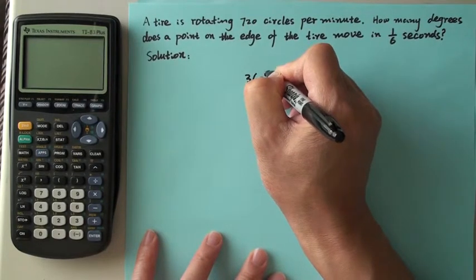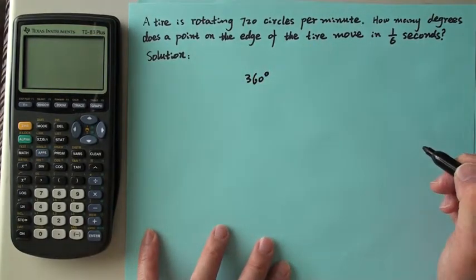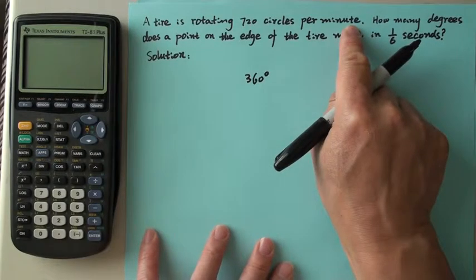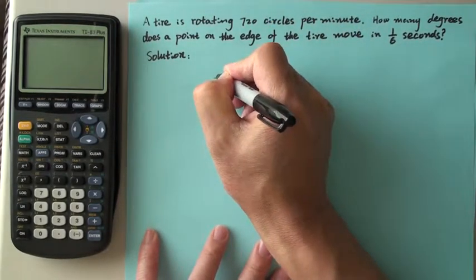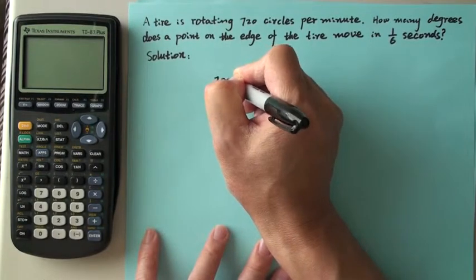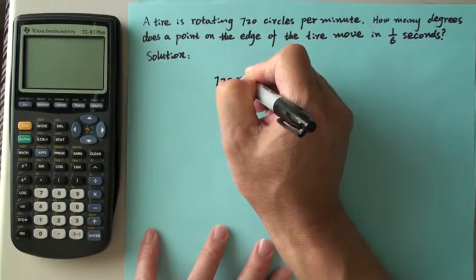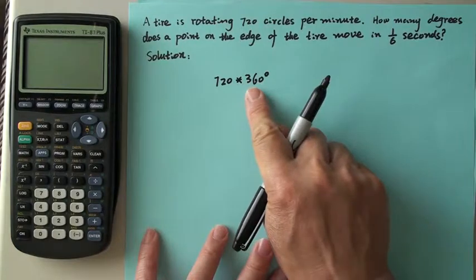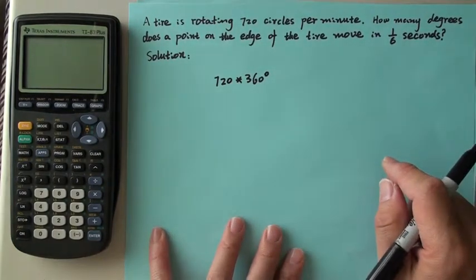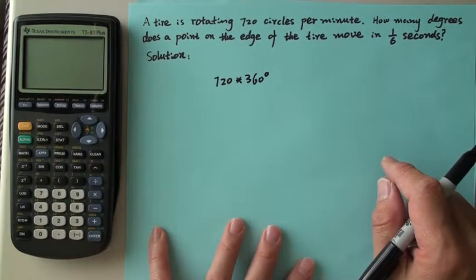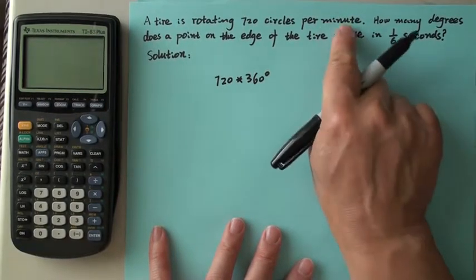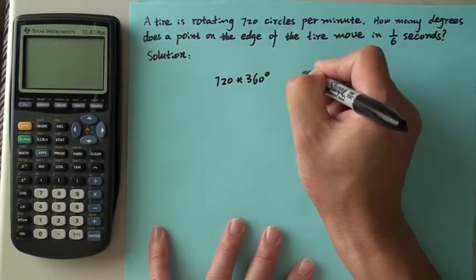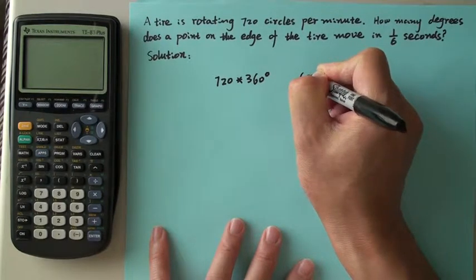360 degrees. And in 1 minute, it moves this many circles. So it moves 720 times 360 degrees. That's a big number. Here we know 1 minute is 60 seconds.